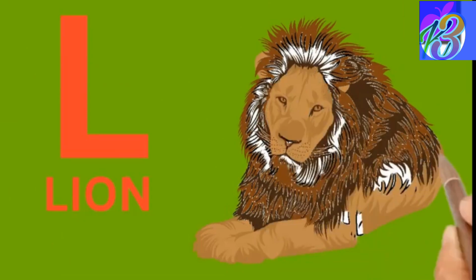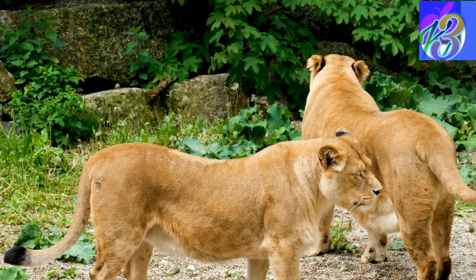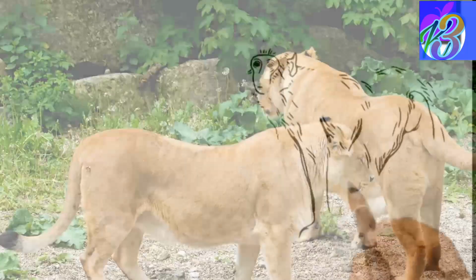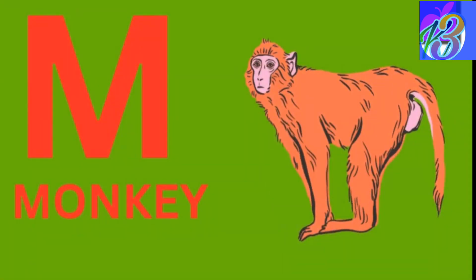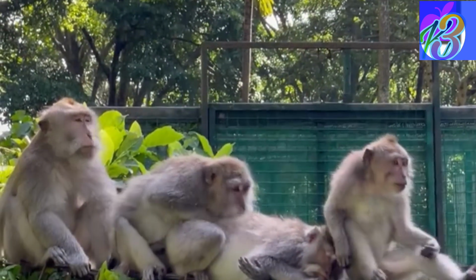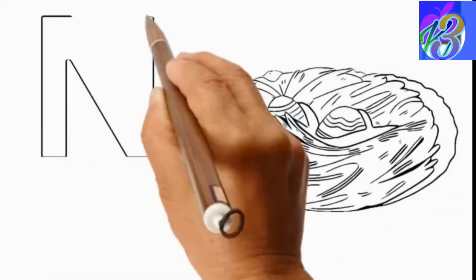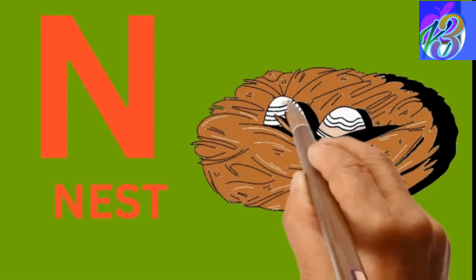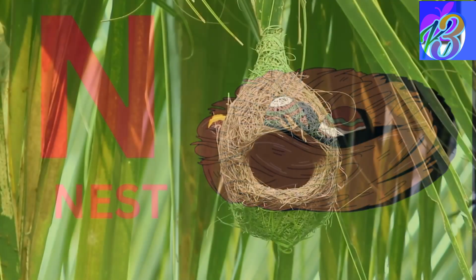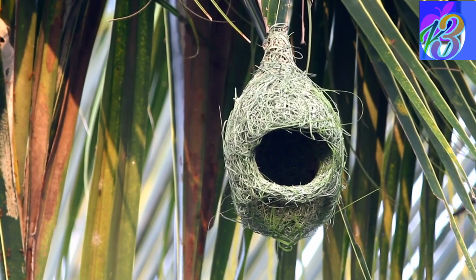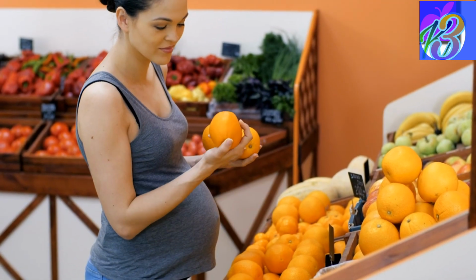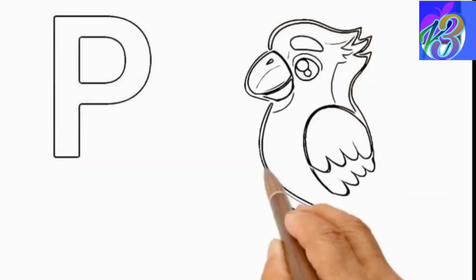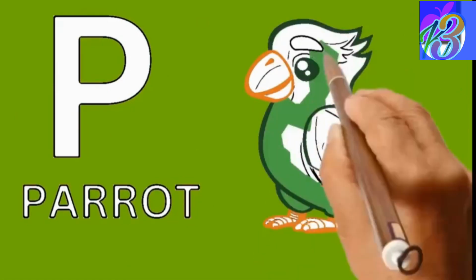L for lion. M for monkey. N for nest. O for orange. P for parrot.